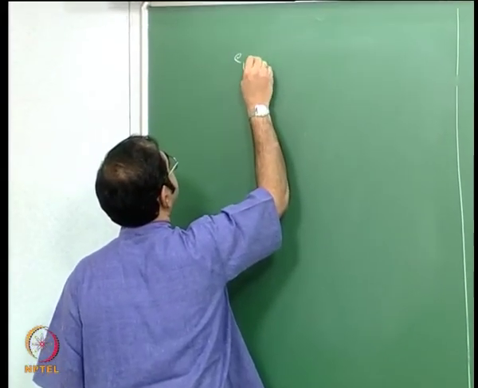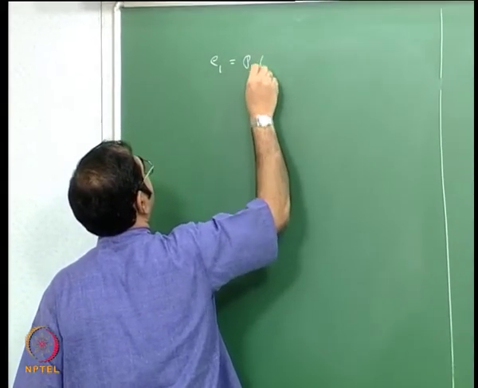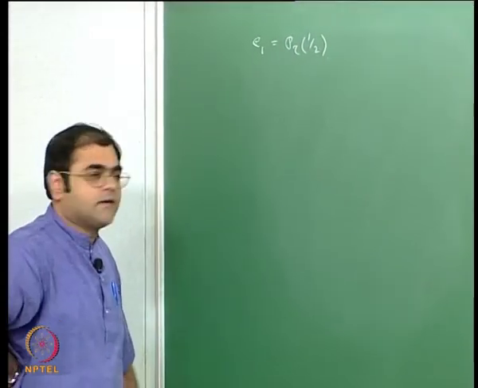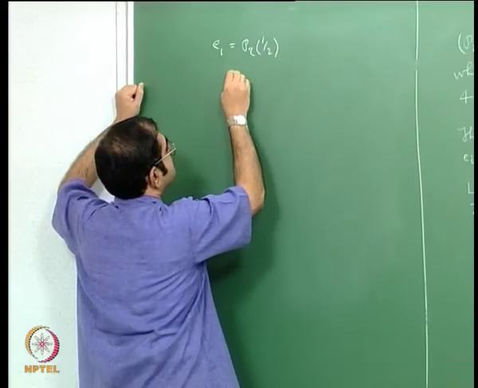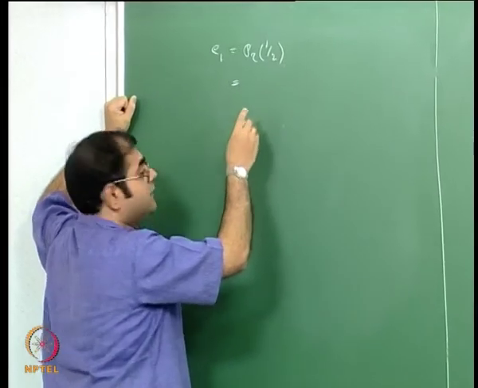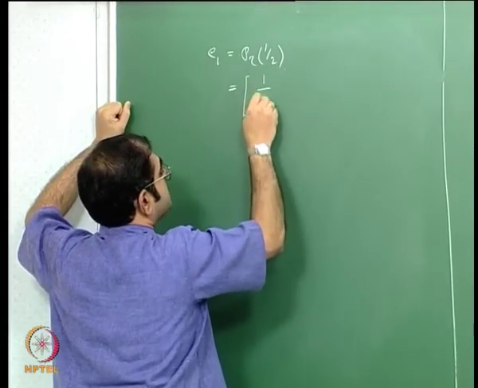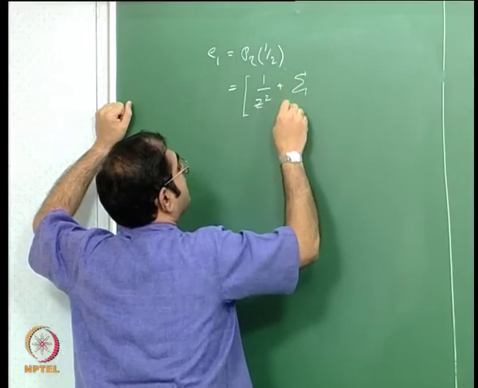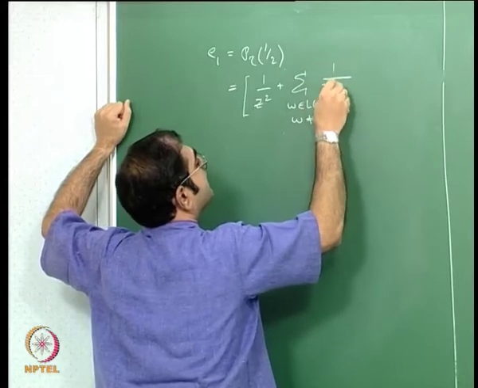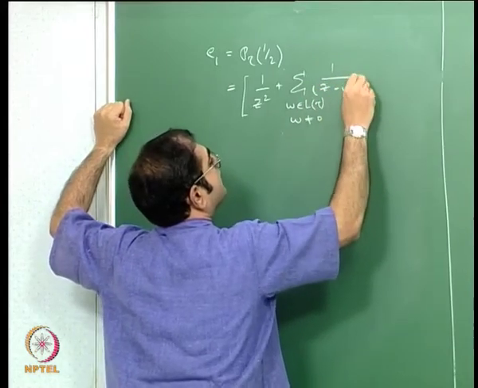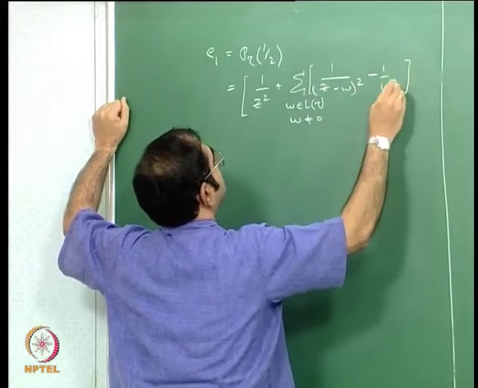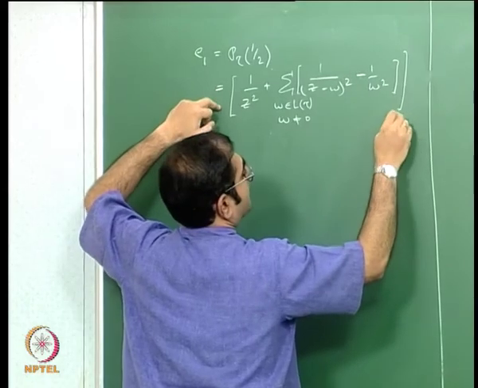E1 is p sub tau of half, and let us expand it. I have to substitute z equal to half, where p tau of z is 1 by z squared plus the sum over omega in the lattice defined by tau, omega not equal to 0, of 1 by (z minus omega) the whole squared minus 1 by omega squared.